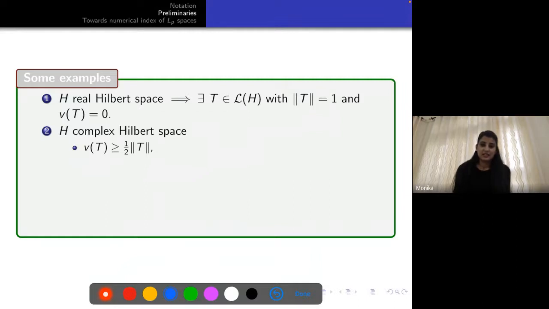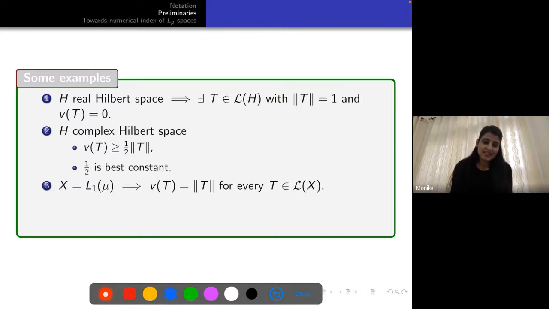It means there exists a Hilbert space and an operator T such that v(T) is actually 1/2 the norm of T. For spaces like L1(mu) and C(K), v(T) will coincide with the norm of T for every operator T.